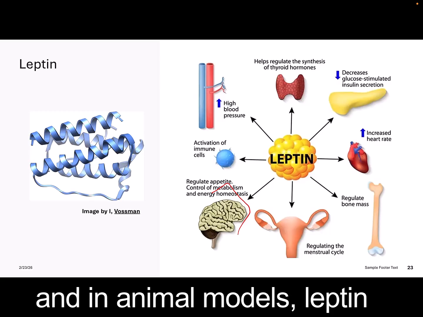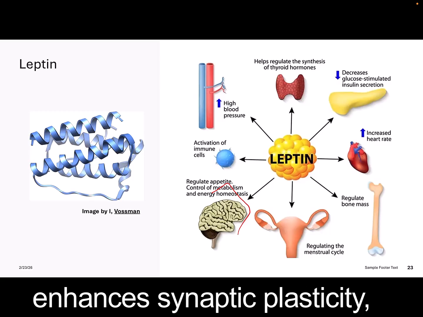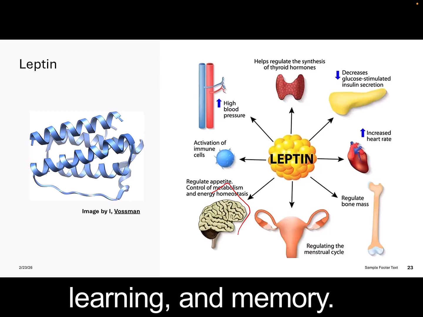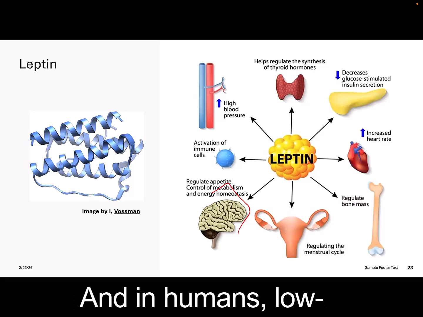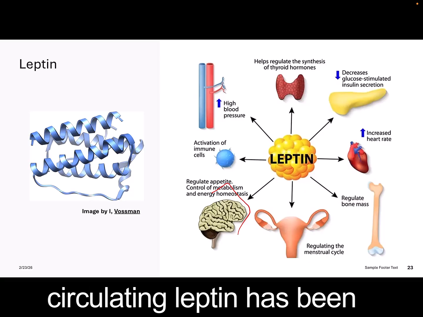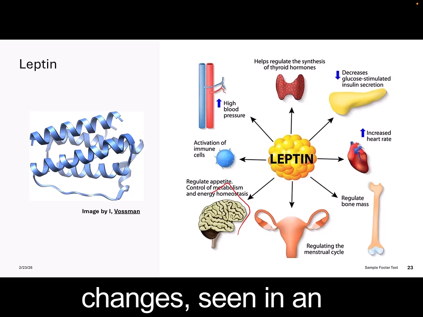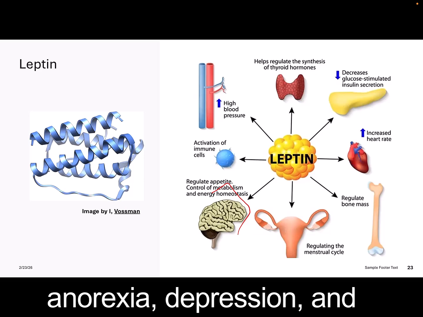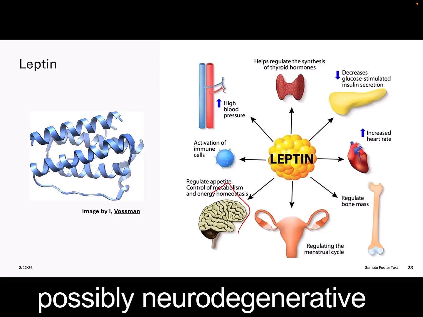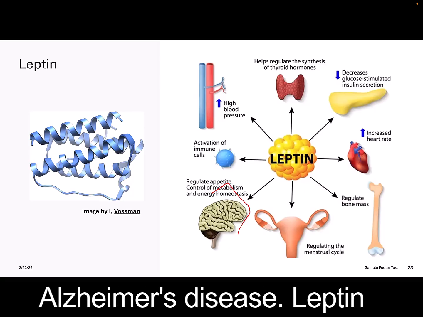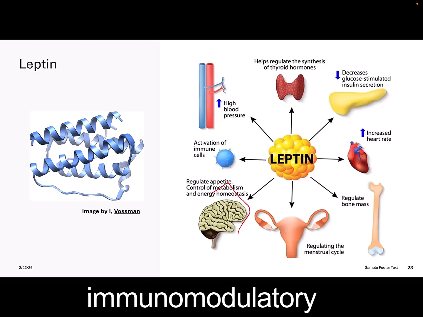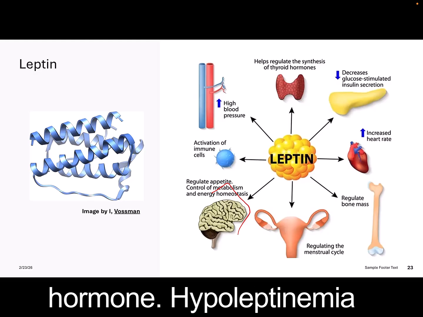And in animal models, leptin enhances synaptic plasticity, learning, and memory. And in humans, low circulating leptin has been associated with cognitive changes seen in anorexia, depression, and possibly neurodegenerative conditions such as Alzheimer's disease. Leptin also functions as an immunomodulatory hormone.